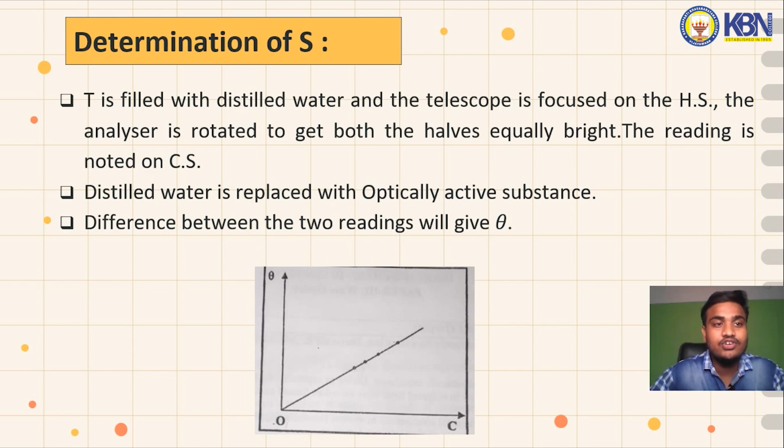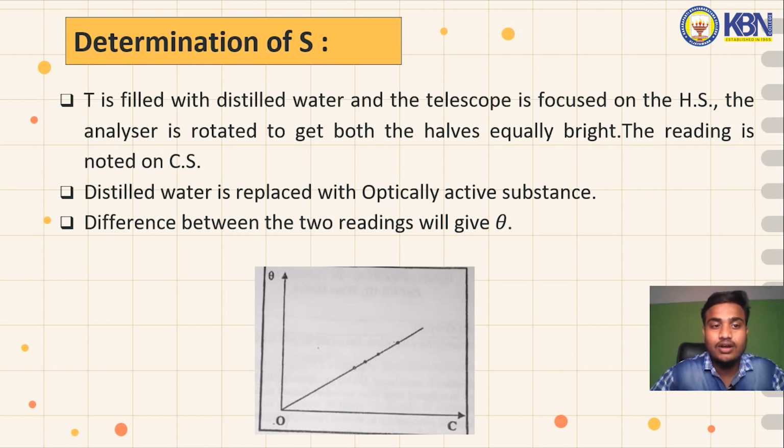With this we will be determining the specific rotation S. You can see that the tube is initially filled with distilled water and the telescope is focused to the half shade. The analyzer is rotated to get both the halves equally bright. The readings are noted from the circular scale.